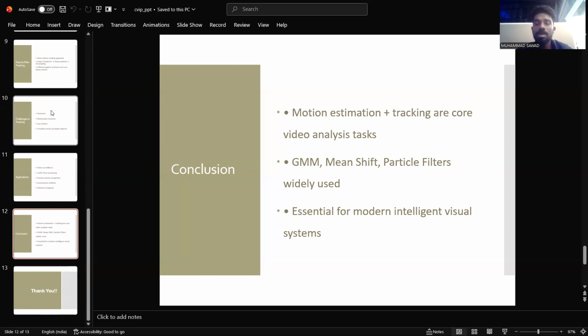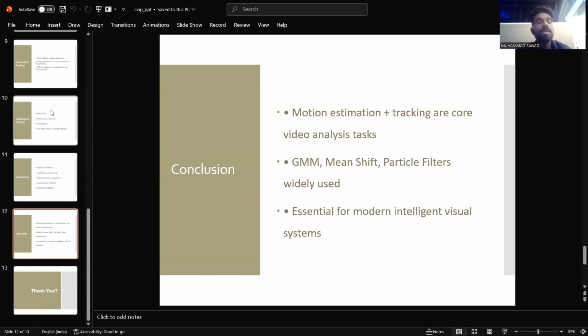to conclude, motion estimation and object tracking are core tasks in video analysis. From background subtraction techniques like GMM to tracking methods like mean shift and particle filters, these tools enable many of today's intelligent visual systems.